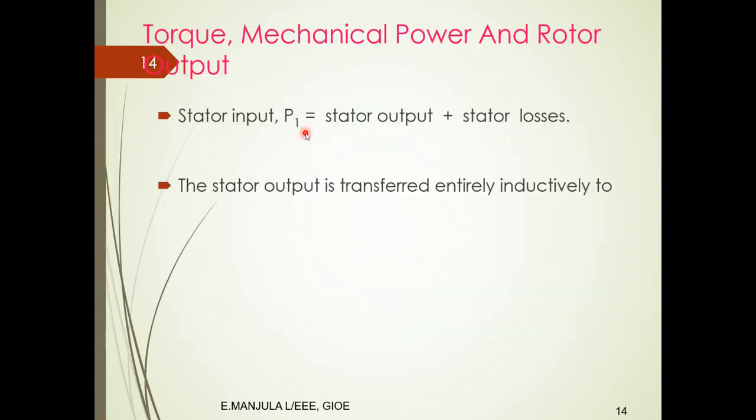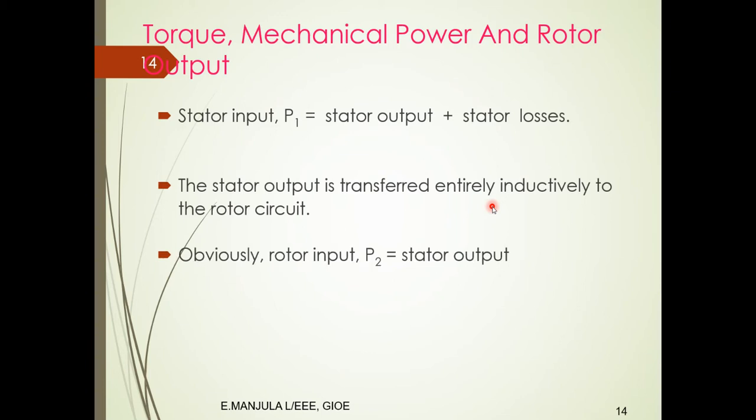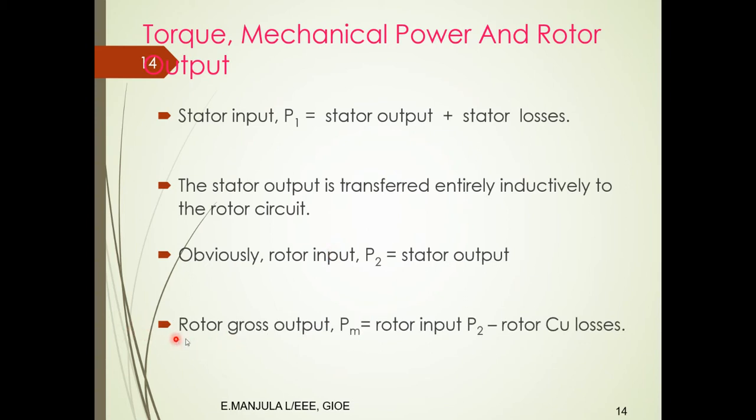So the stator input is P1, which is equal to stator output plus stator losses, and the stator output is transferred entirely inductively to the rotor circuit. Obviously, rotor input P2 is equal to stator output. So rotor gross output Pm is equal to rotor input P2 minus rotor copper losses.